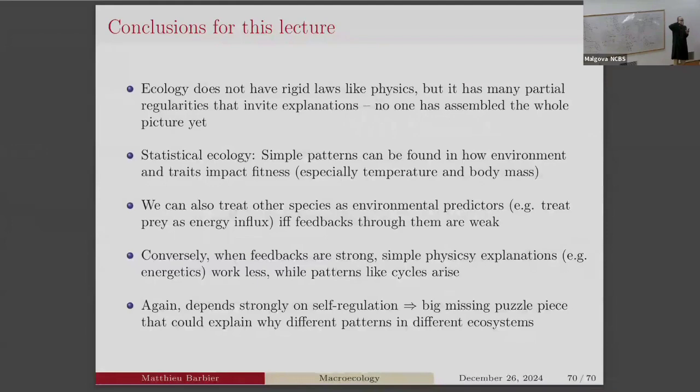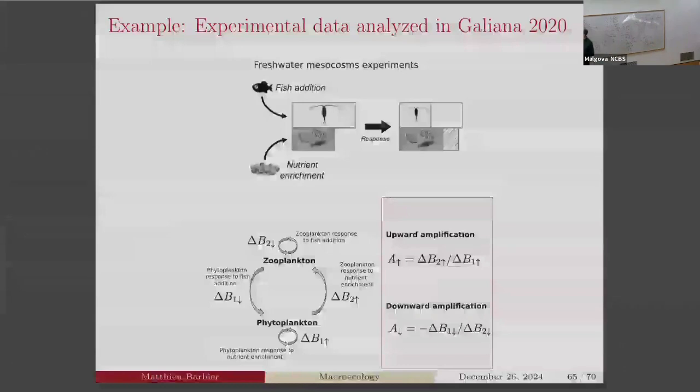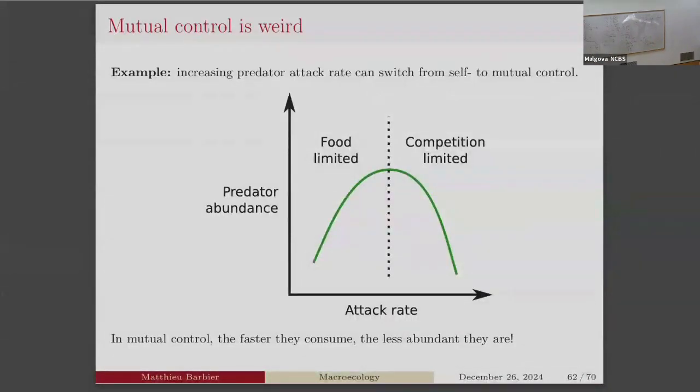But you could have other weird equilibrium properties of mutual control, even if timescales are not comparable. For instance, this result here, that in mutual control, a consumer who eats more has lower abundance, typically remains true no matter what the relative speed of predator and prey dynamics is, since it's an equilibrium property.